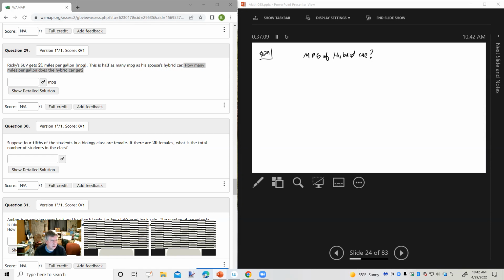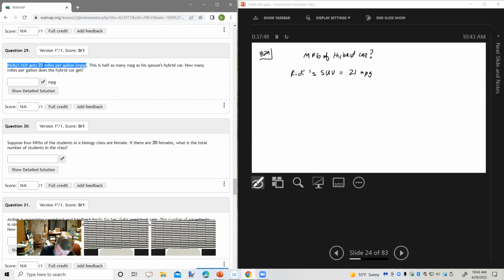Now, we know that Ricky's SUV gets 21 miles per gallon. That's given right here. And this is half as many miles as his spouse's hybrid car. Maybe we need to go back for a minute. Miles per gallon of hybrid car, that's our unknown, right?